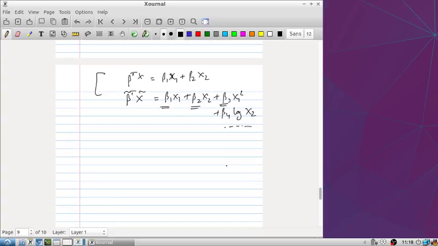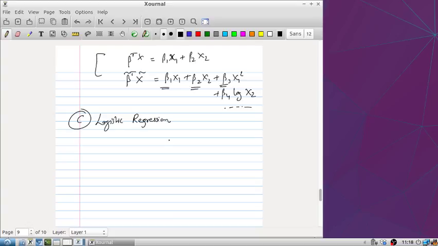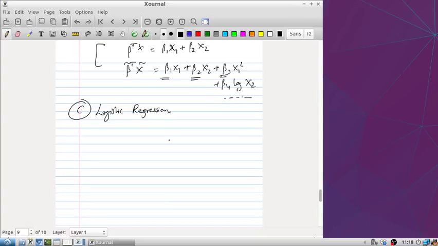Okay, the third model is logistic regression. Now we're coming back to the discriminative modeling world, where we don't want to think about joint distributions anymore. Logistic regression assumes the following.